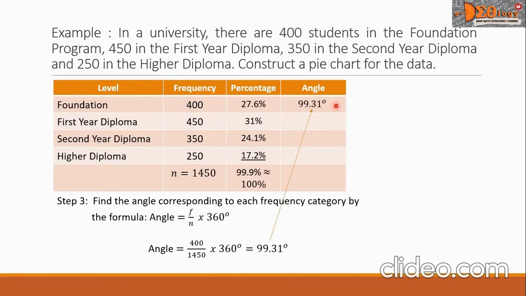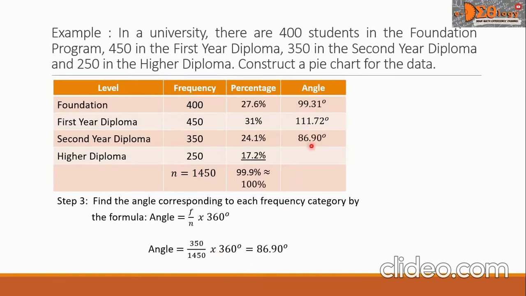So we have now this 99.31 degrees. Next, for this blank, we will follow the same formula. So we will get 111.72 degrees. We will get this when we have 450 divided by the n, 1450, times 360 degrees. So the value is here.